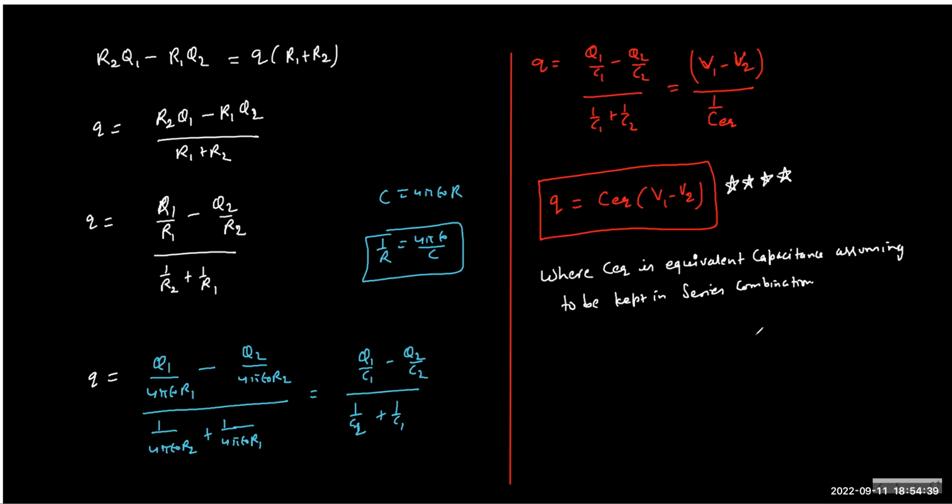Understood? So 1 by C equivalent is 1 by C1 plus 1 by C2.